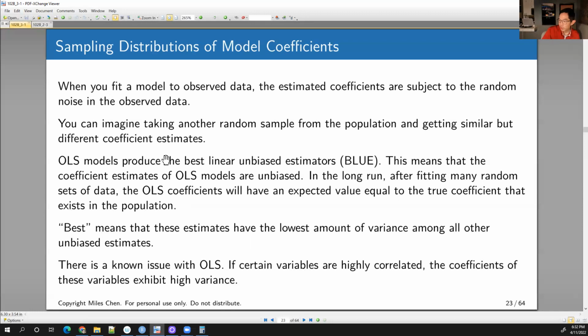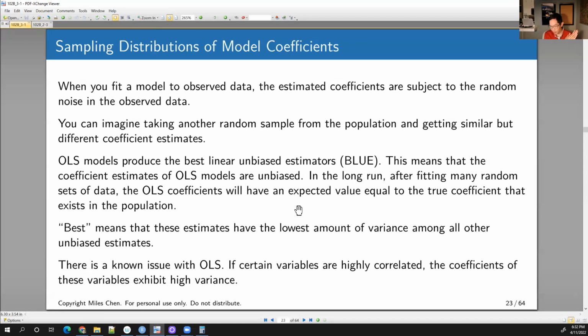So with OLS, you guys talk about the BLUE, the best linear unbiased estimator, right? And that means in the long run, the coefficients are unbiased, okay?